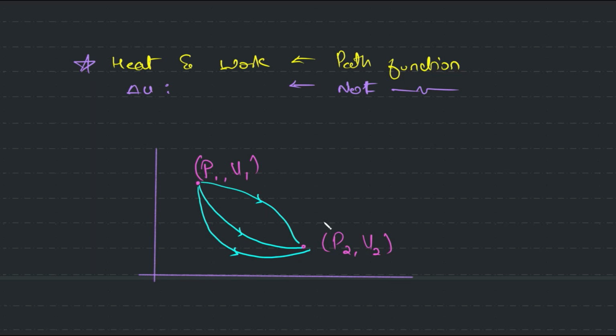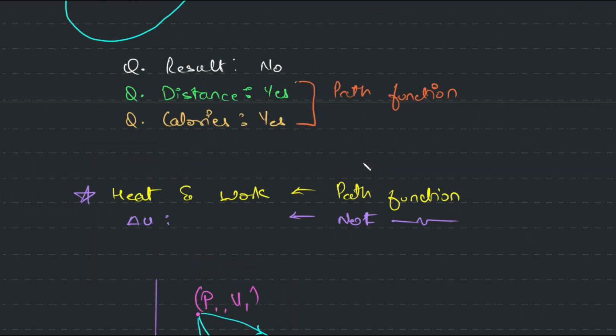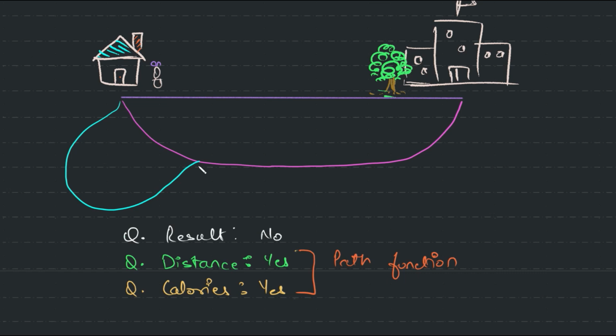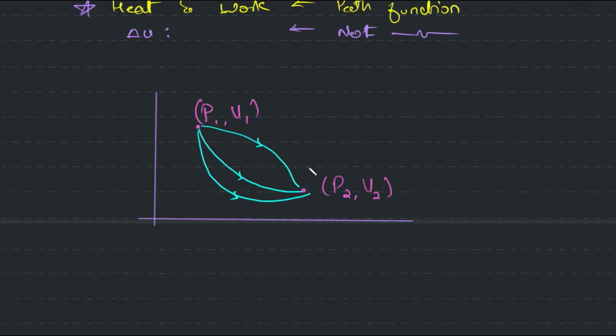So each path has its own heat and work being done by the system, on the system, and so on and so forth. Like how we have here, the distance and the calories burned by the kid is different for each case. Similarly, when we change the system's pressure and volume and all of that, the heat and the work will not be the same.